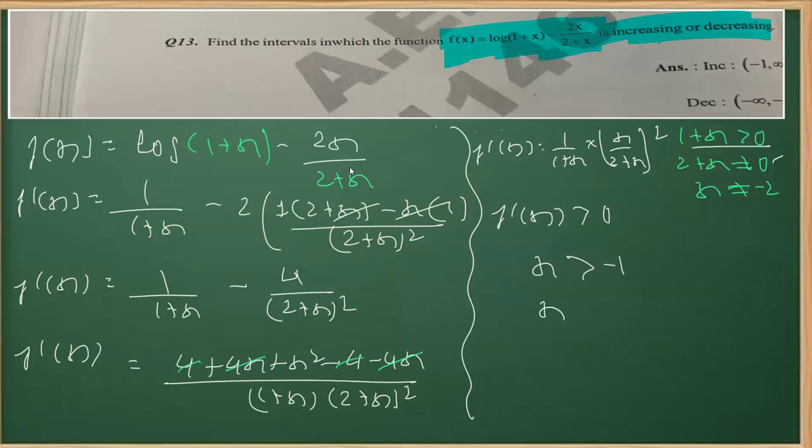And the second is that 1 over (1 + x) has to be greater than 0.